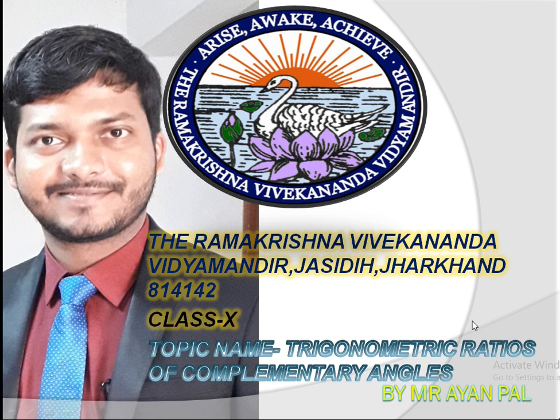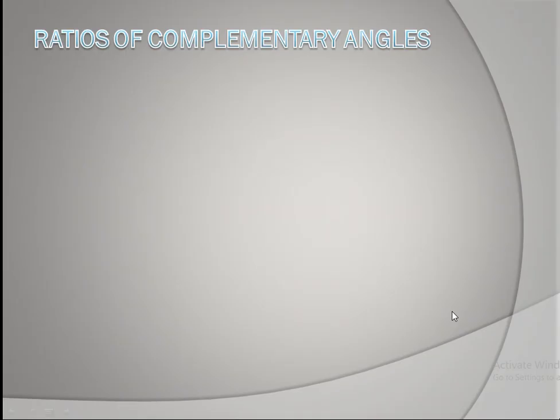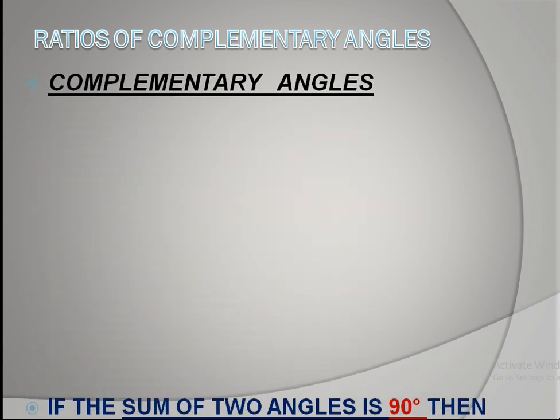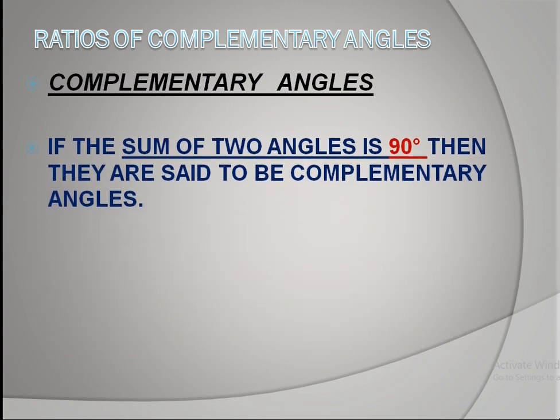Now before starting these topics, first I remind you about the definition of complementary angles. Let's see. If the sum of two angles is 90 degrees, this is a very important line.